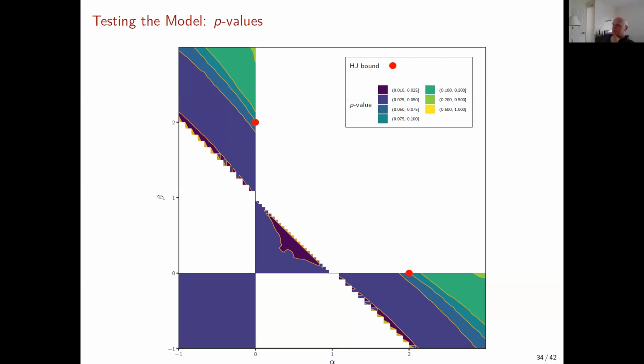So let me ask another question about the bootstrap exercise to get the p-values. Are these p-values looking at each restriction individually?